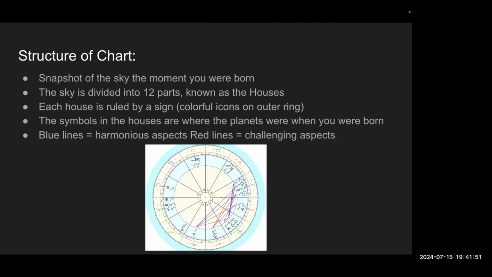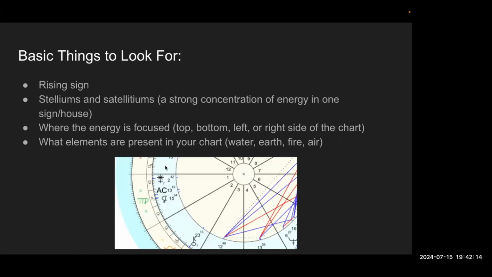We're not going to go over aspects today, but I do get a lot of questions on what the blue and red lines mean. And that's what it means. It means that these planets are interacting with each other. They're influencing each other. They have a relationship with each other, and that has implications for how they play out in your chart, which again, I'd be happy to do an aspects panel one day.